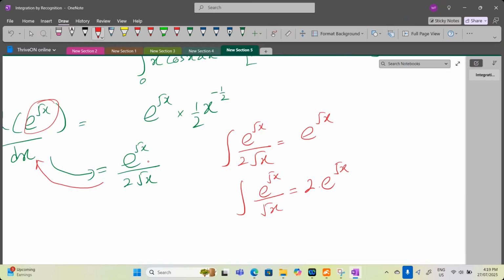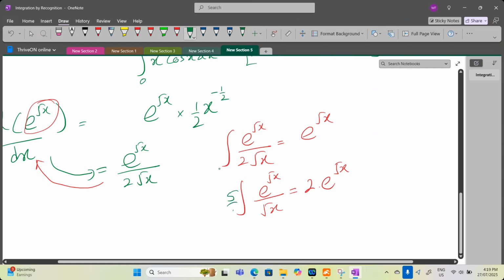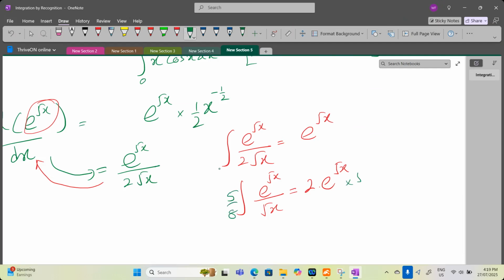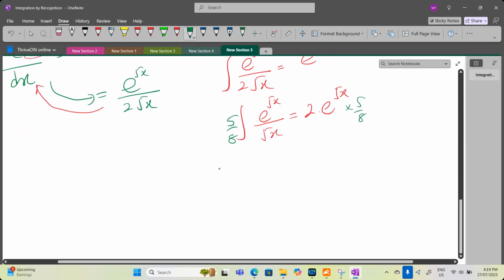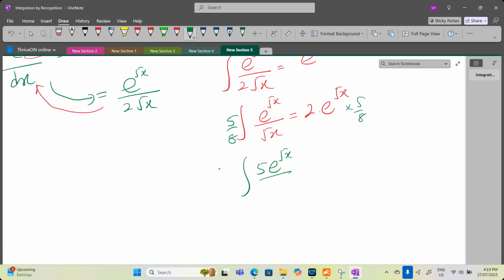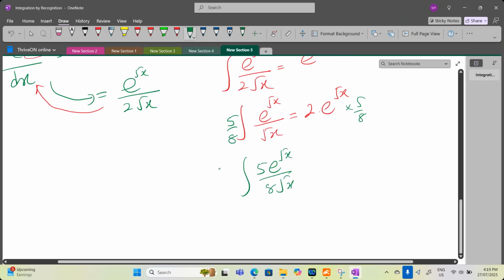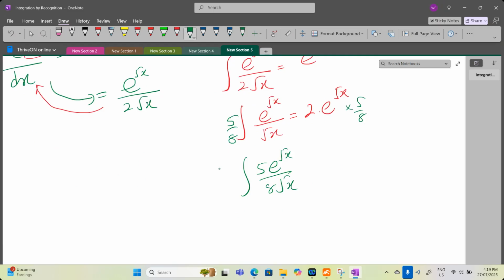Any constant here is not a problem now. Say that you want 5 over 8, multiply both sides by 5 over 8. So you find the antiderivative of 5 e to the root x over 8 root x. What I'm trying to show here is that any number here and here doesn't matter.